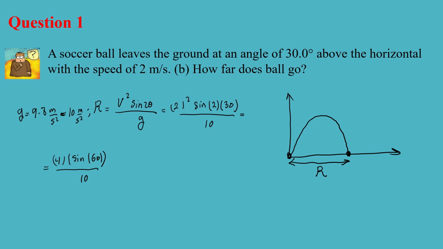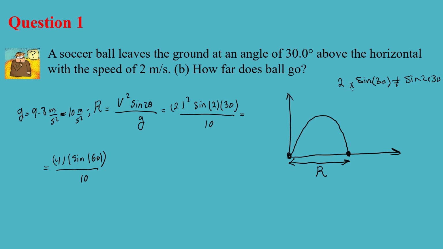That's not right. This is what I mean: taking sine theta at 30 and then doubling it is not equal to sine of 2 times 30.